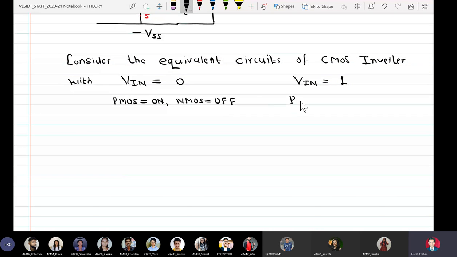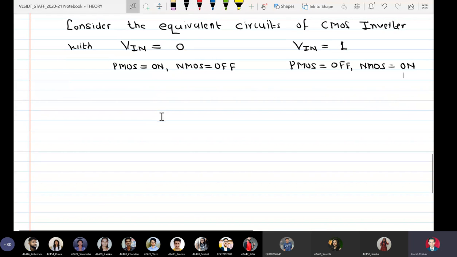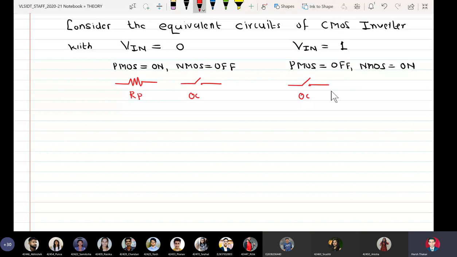Similarly, with Vin equal to 1, PMOS is off and NMOS is on. That means PMOS is replaced with resistance RP and NMOS is replaced with an open circuit. Similarly, for Vin equal to 1, PMOS is replaced with an open circuit and NMOS is replaced with RN.